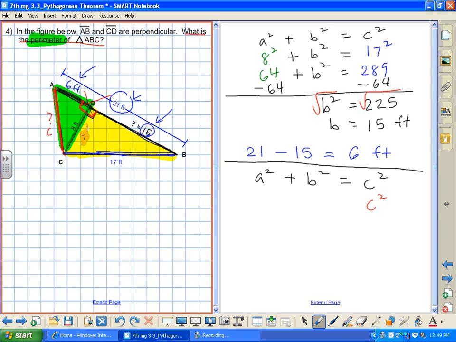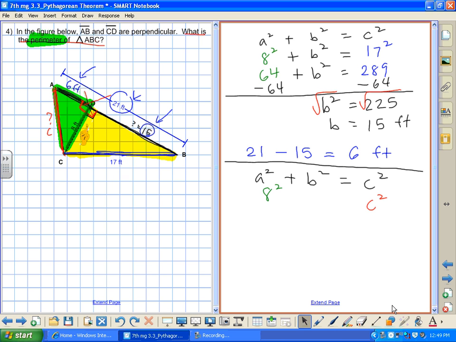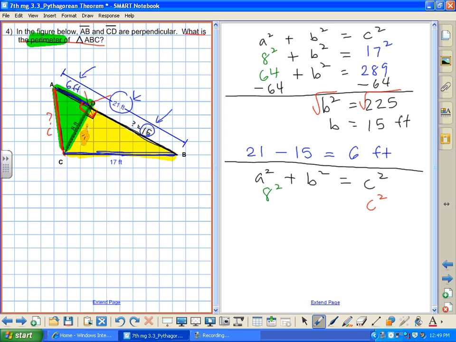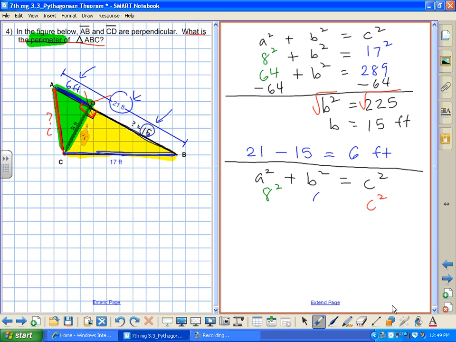My a squared, why don't we just start with the 8 squared. And what is my b squared? B squared would be the 6 that you see here. Okay, and so we add: 8 squared plus 6 squared equals c squared. 8 times 8 is 64. 6 times 6 is 36.